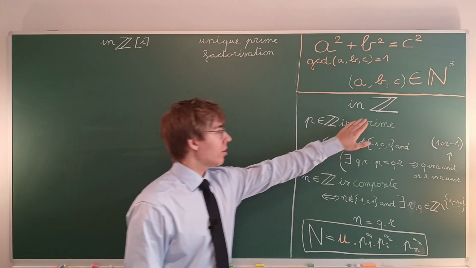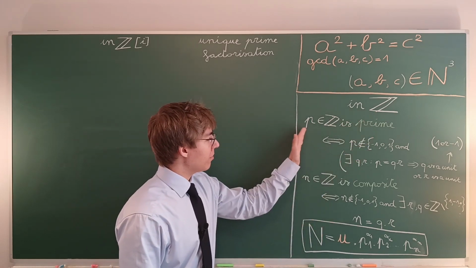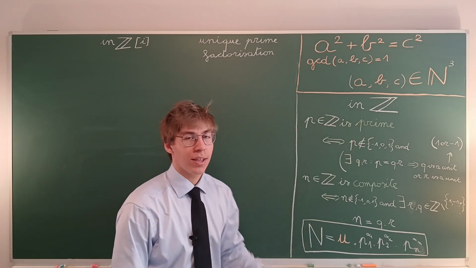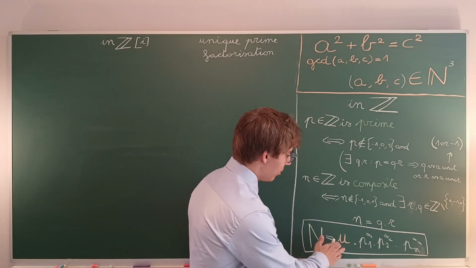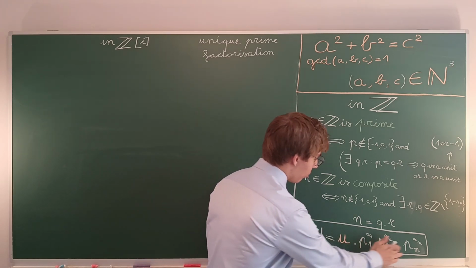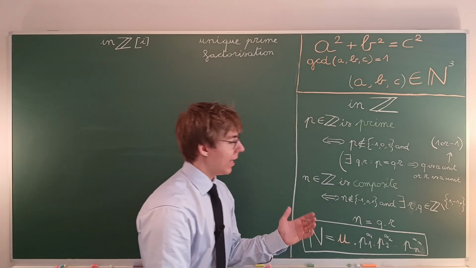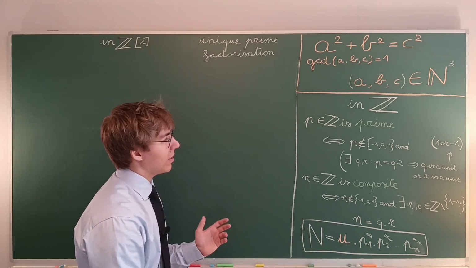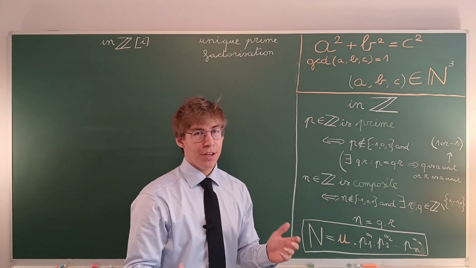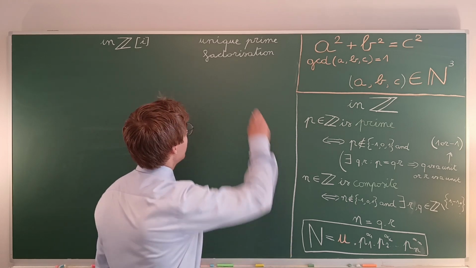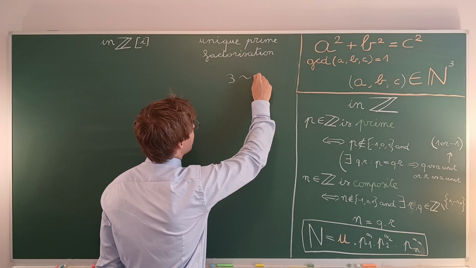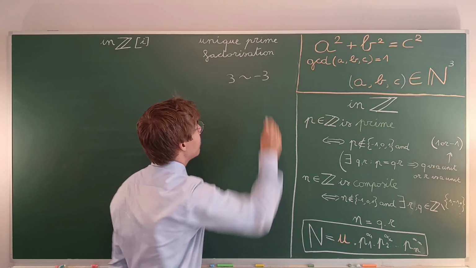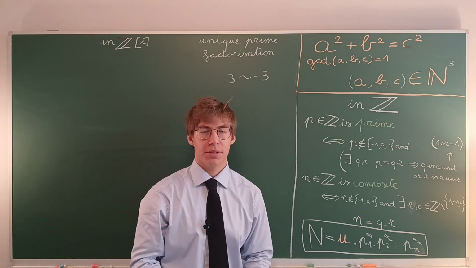So every element in Z is either a prime or composite. And the unique prime factorization means that we can write n as a unit times all primes. And to be clear, a prime can be multiplied by a unit and that doesn't change anything. So the prime 3 is equivalent to the prime -3. They represent the same primes.